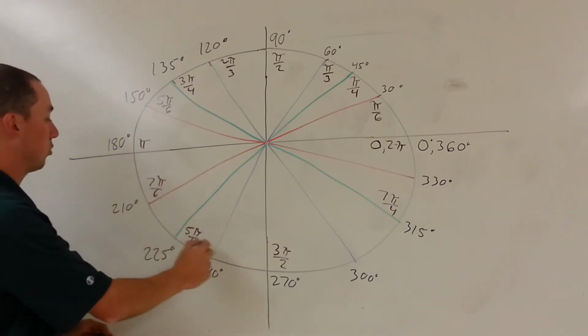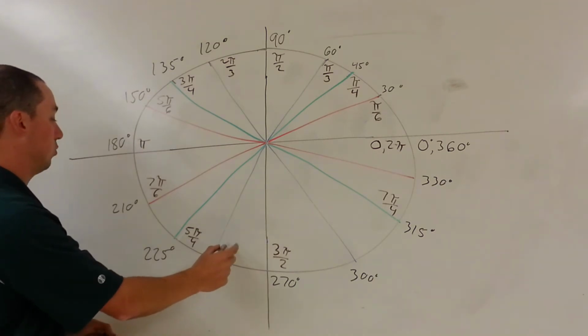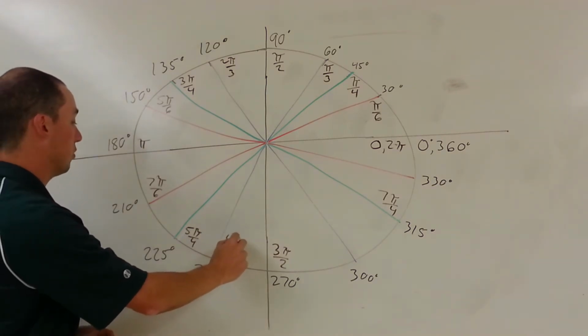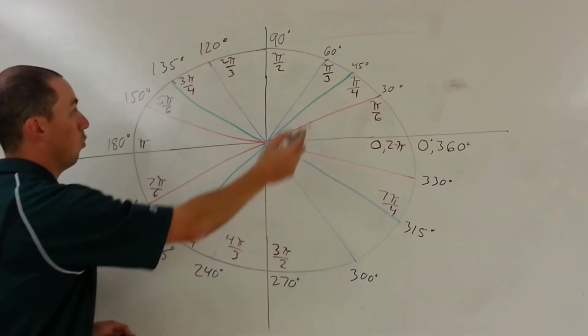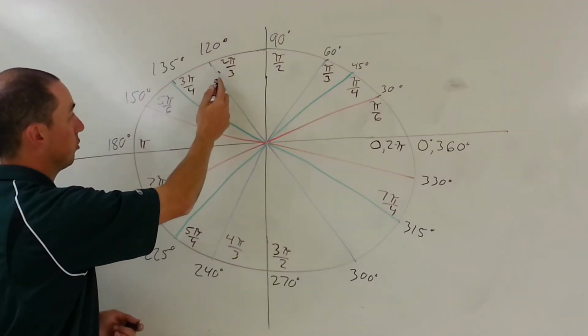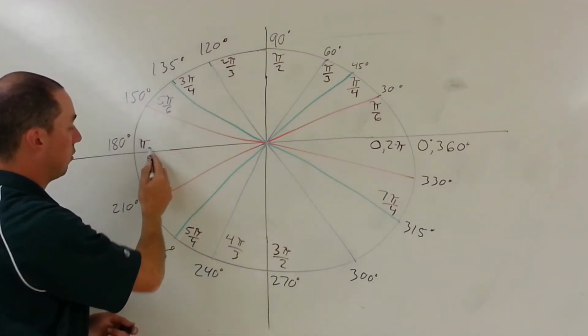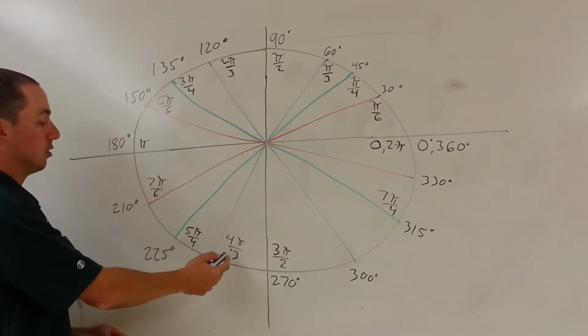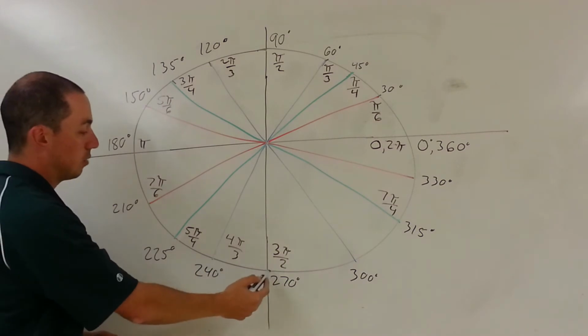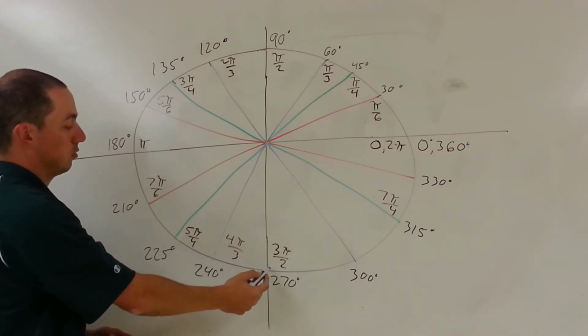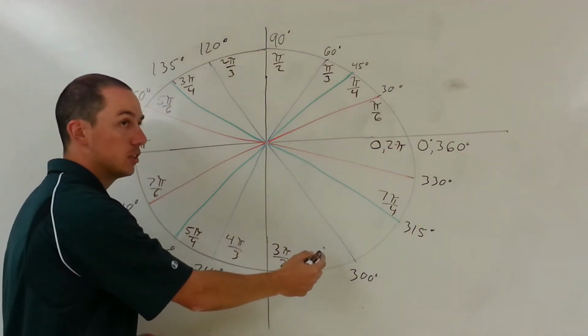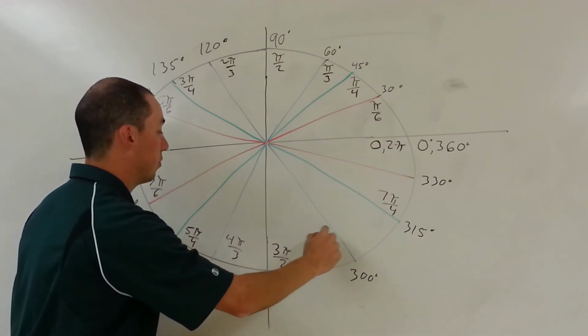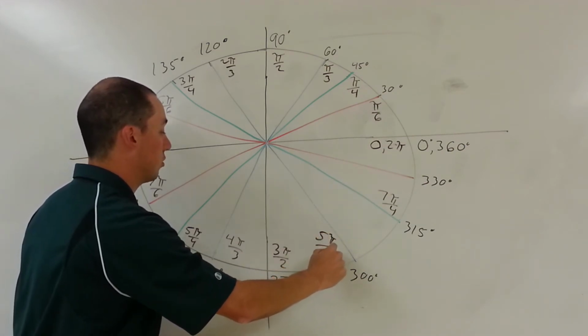Okay, 30 more degrees, 8 pi over 6, which reduces to 4 pi over 3, because 1 pi over 3, 2 pi over 3, 3 pi over 3, 4 pi over 3. We're going by 6s, so 8 pi over 6. 9 pi over 6 reduces to 3 pi over 2. 10 pi over 6 is 5 pi over 3.